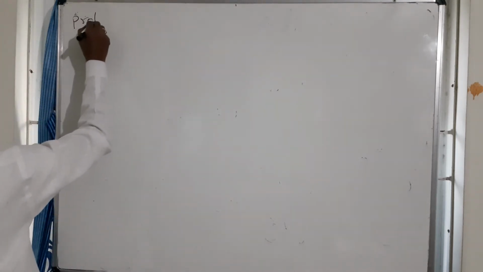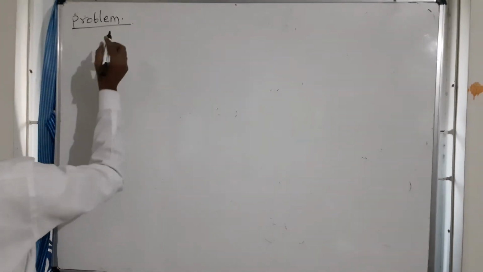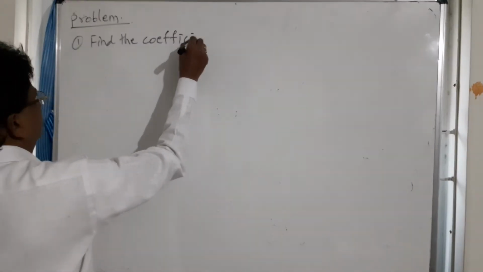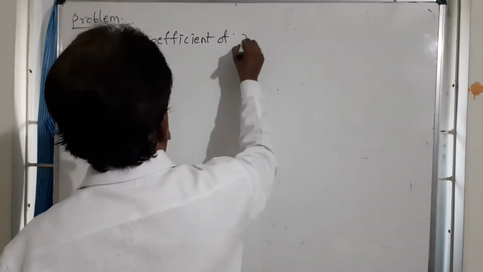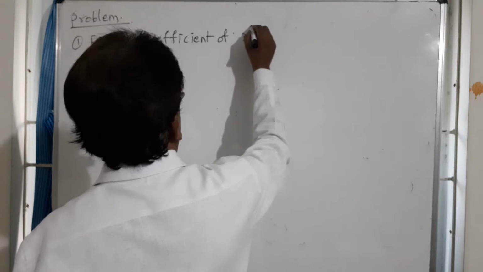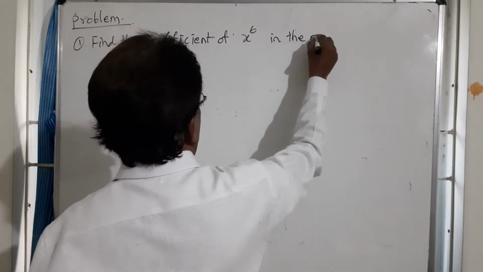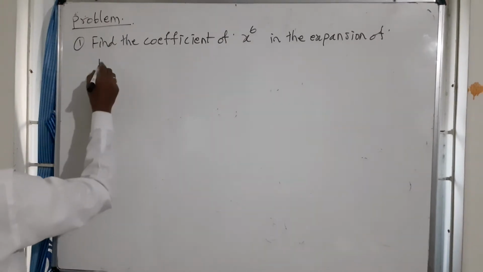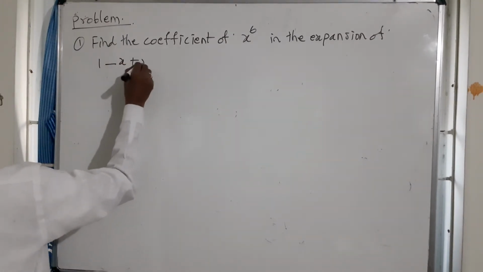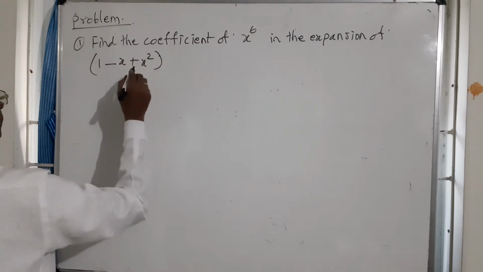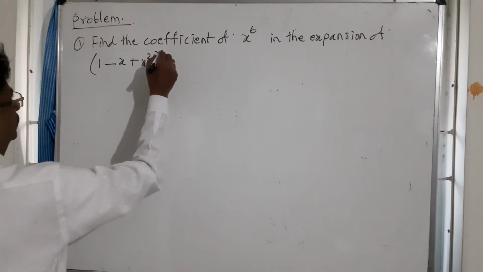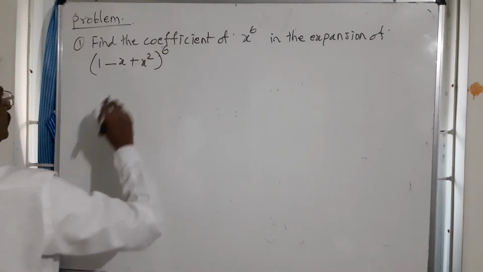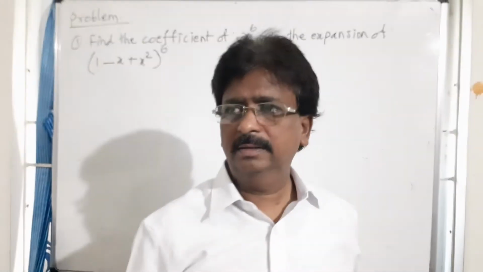A problem: find the coefficient of x power 6 in the expansion of (1 minus x plus x square) whole to the power of 6.